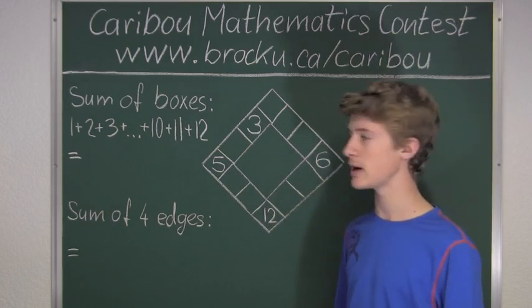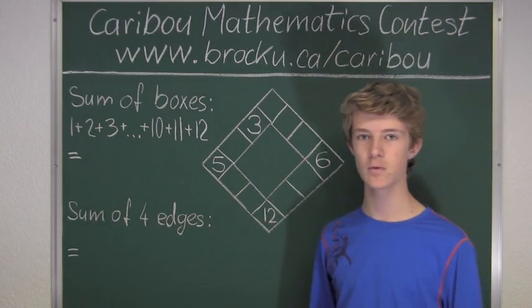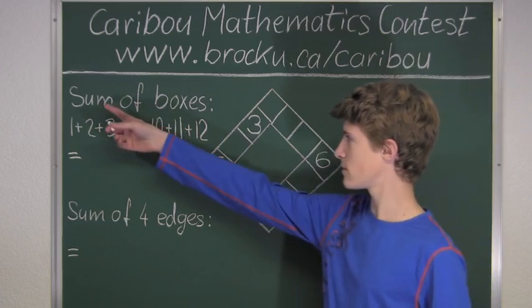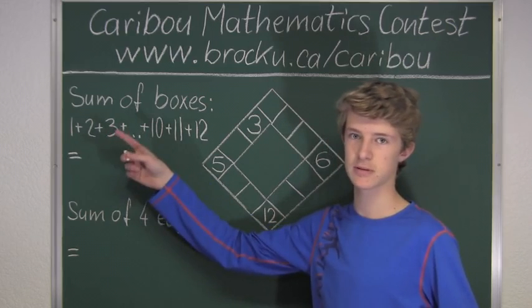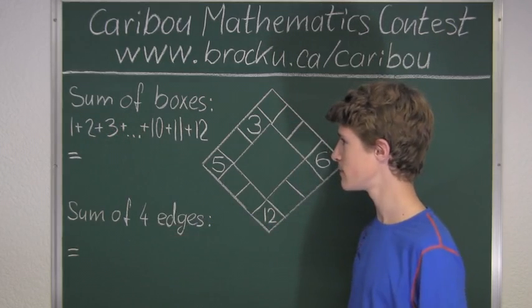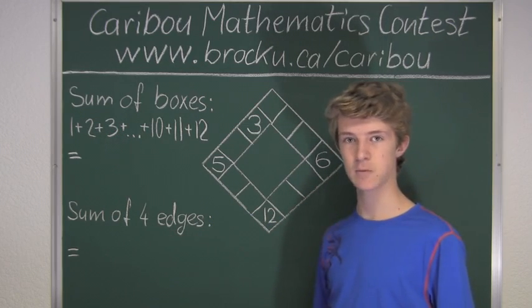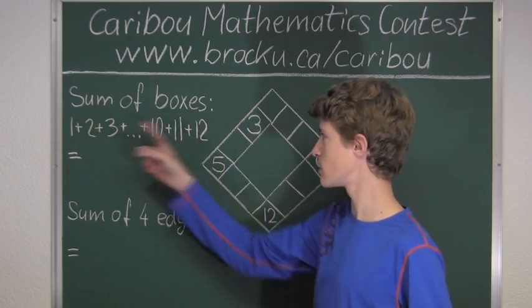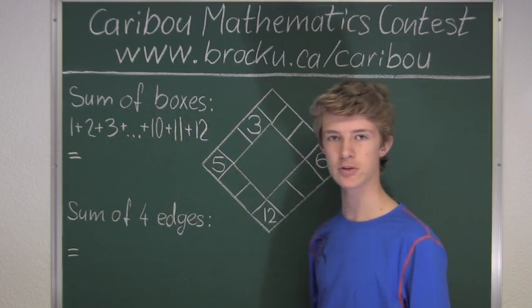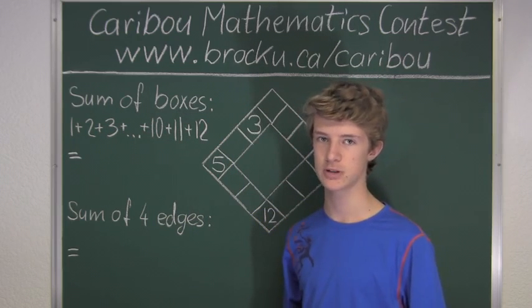So first, we would add up all the numbers from 1 to 12. If you look over here, we have sum of boxes, and then we have 1 plus 2 plus 3, all the way up to 12. The easiest way to do it would be to take the smallest and the largest, which is 1 plus 12, and then multiply that by half of 12, which is 6.